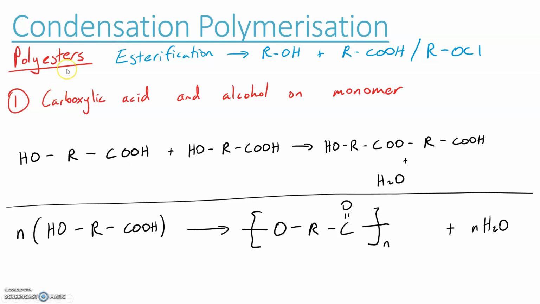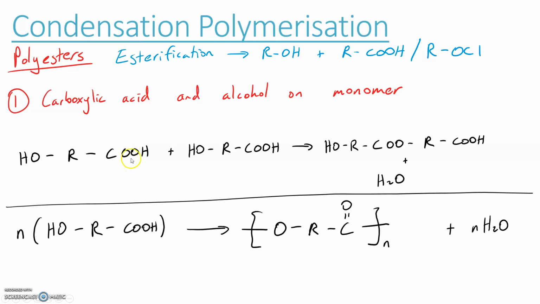One way of forming a polyester is by having a monomer which has both a carboxylic acid functional group and an alcohol functional group. So for example, this monomer here has a carboxylic acid group on one end and an alcohol group on the other end. And if we take two of these and combine them together, what happens is we split the molecule here.